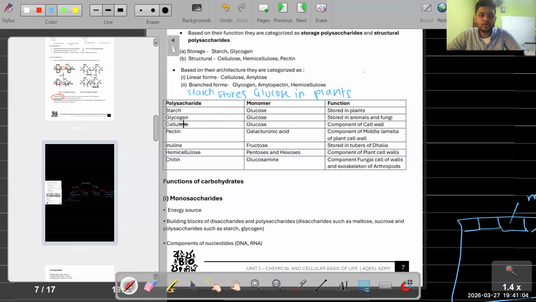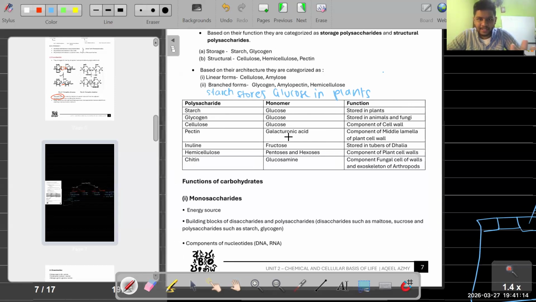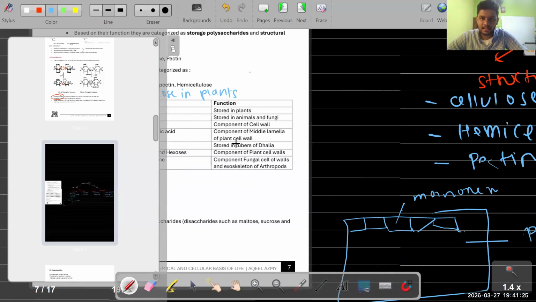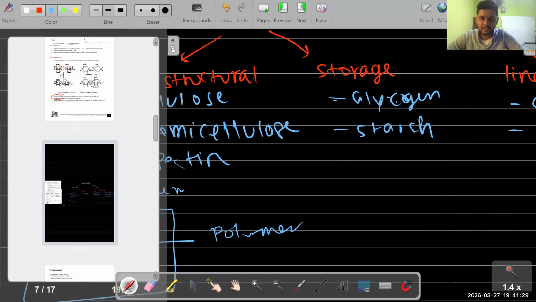Cellulose. Cellulose monomer, what is the monomer? Glucose. Component of cell wall. Now you can't use that. Why? Because if you see, starch and glycogen come under what type of polysaccharide? Tell me that. See here, starch and glycogen come under what type of polysaccharide?